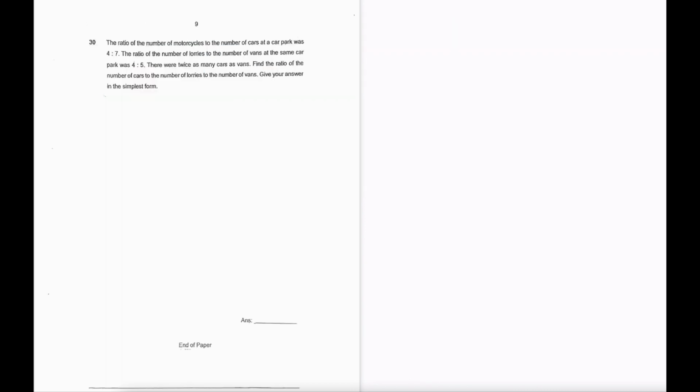Question 30. The ratio of the number of motorcycles to the number of cars at a car park was 4:7. So we're going to start from here. Motor is to car is 4:7. Okay. And then the ratio of the number of lorries to the number of vans at the same car park was 4:5.